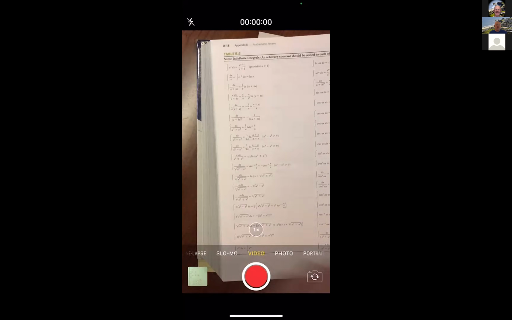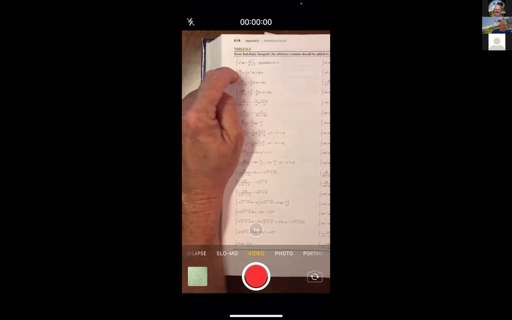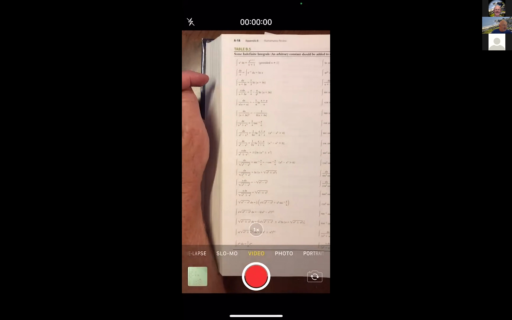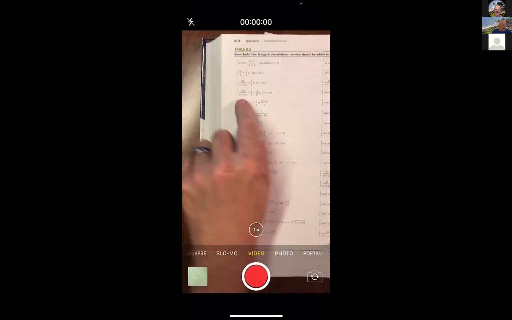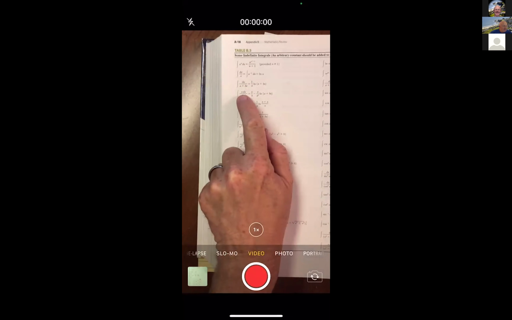But let me go a couple pages more where they start doing the integrals. And so here it is, table B5. And it looks like 1, 2, 3. That one right there is really the one I want, right? It's got an X in the top, and it's got then a constant plus an x in the bottom with a constant here.